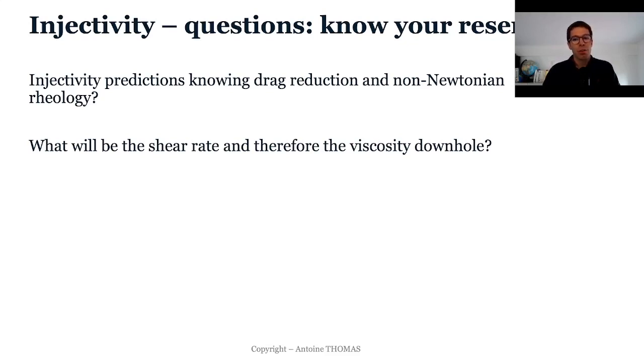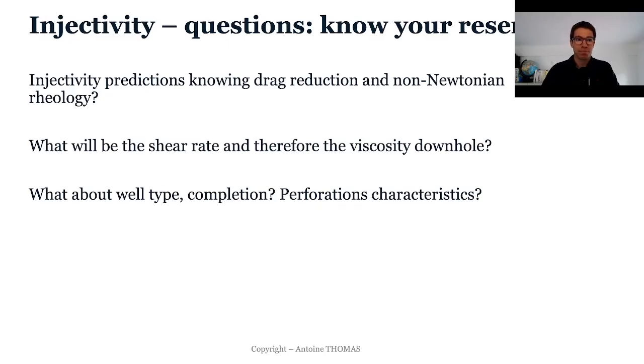So we might know the shear rate, but what we sometimes forget is the polymer solution we use in the lab to characterize the future efficiency of the project, and the one in the field will be slightly different because water quality will be different. The polymer solution will have been through some pumps, with very slight changes. So the idea is, how do I make sure that I know precisely what will be the viscosity and the shear rate before it enters the reservoir or once it has entered the reservoir?